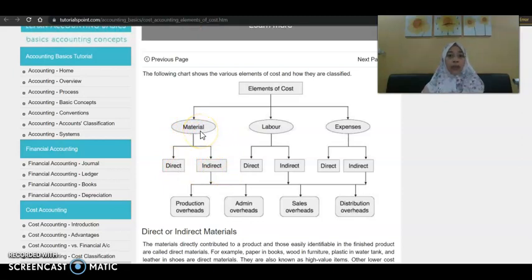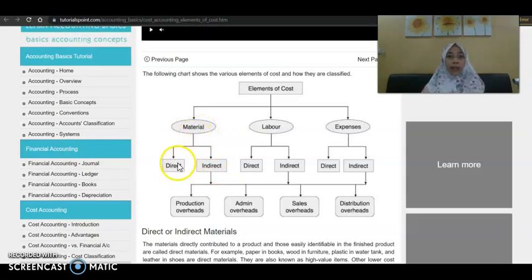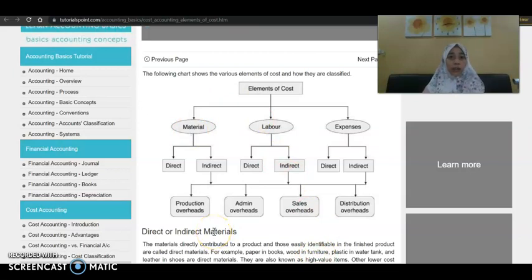So you will have your material, you will have your direct material. When you did your MAF151, you remember your cost structure before. The first topic then will be your material. You learn everything about the material, because that's the first element in your cost.